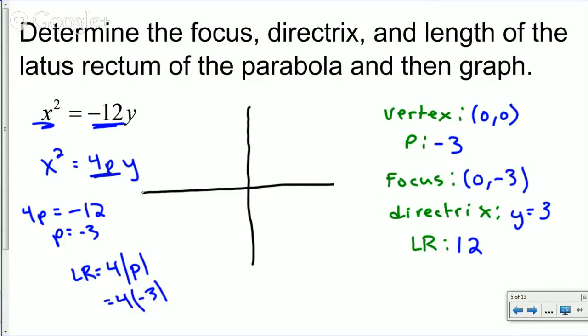So let's start with the vertex at 0, 0. My focus is at 0, minus 3. My directrix is at y equals 3. There's my horizontal line there. My LR is 12. So from this focus, I'm going to go 6 to the left.